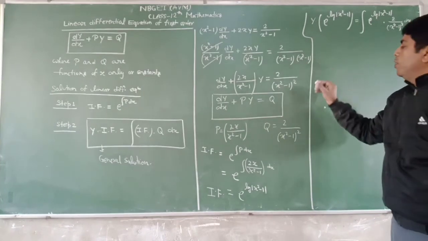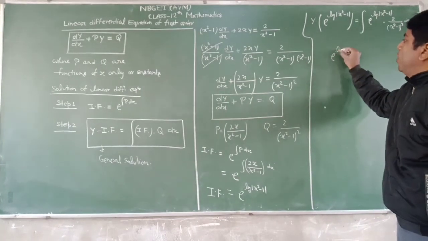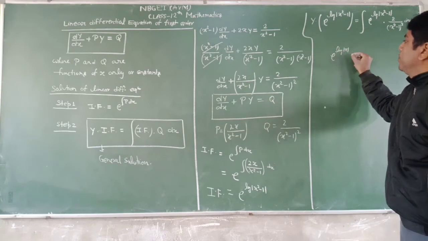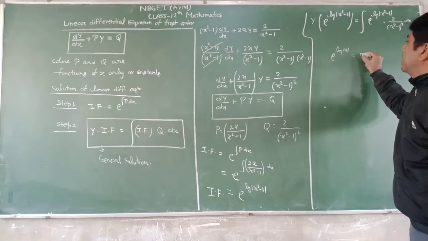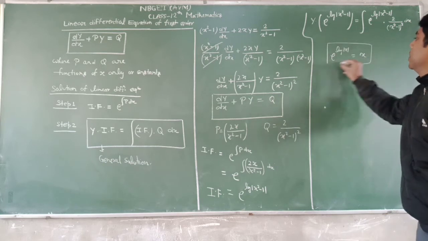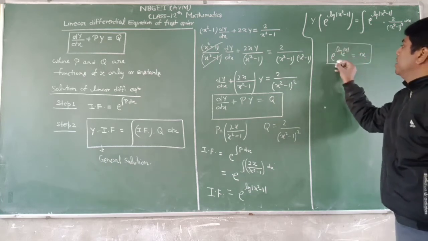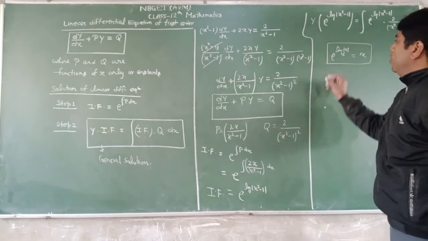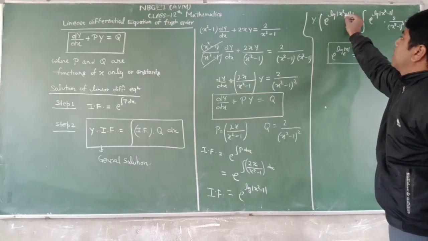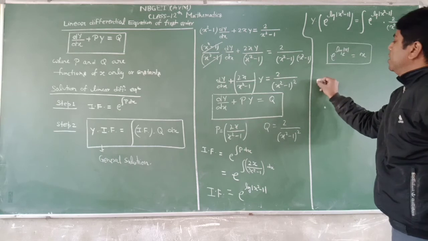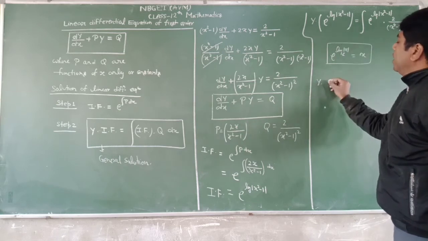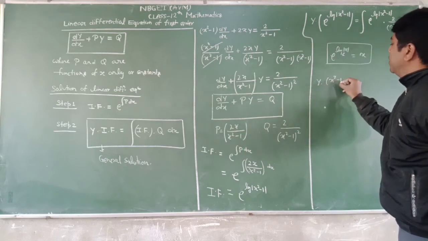Now you know that e to the power log x is equal to x. Since the base of log is e here, the value of e to the power log(x² − 1) will be only x² − 1.